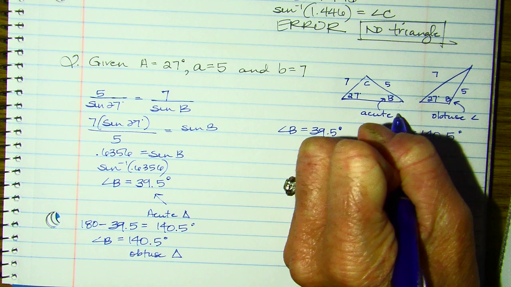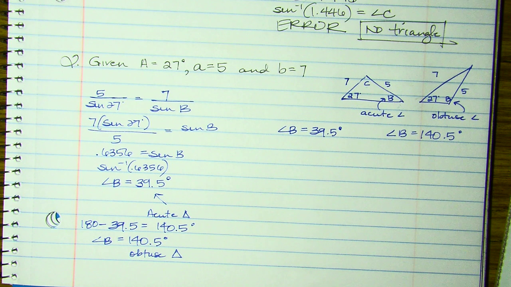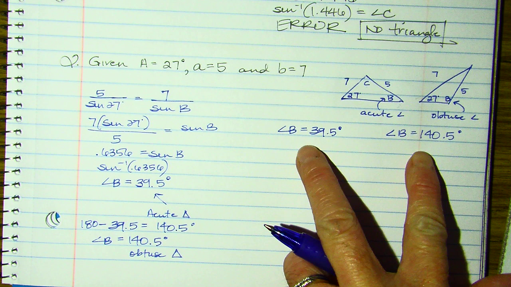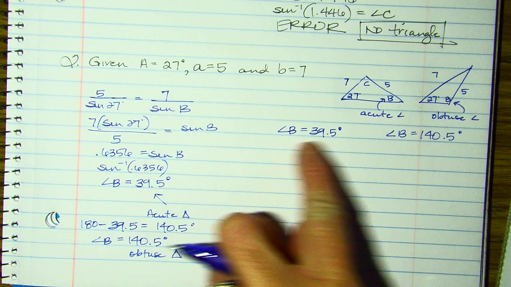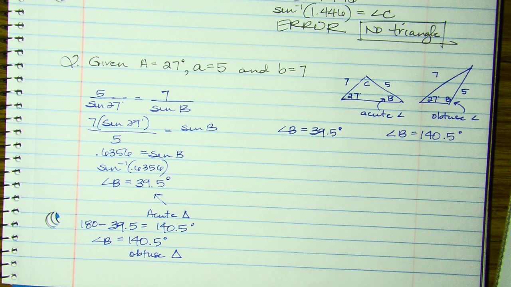I feel like that is a better picture, that I could draw two different triangles here. So I have to consider that angle B could be acute or obtuse, one less than 90, one greater than 90. Then I have to figure out the missing parts based on these pieces of information.